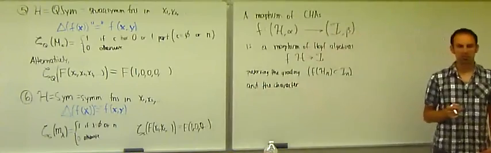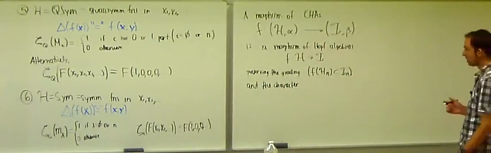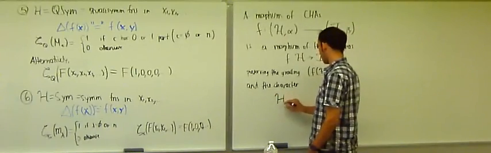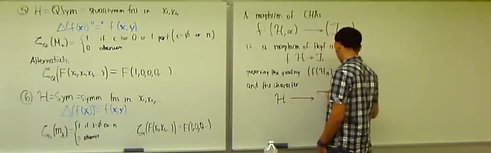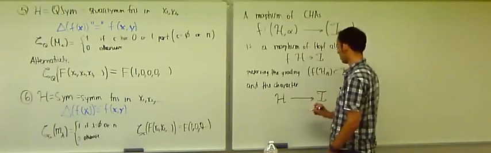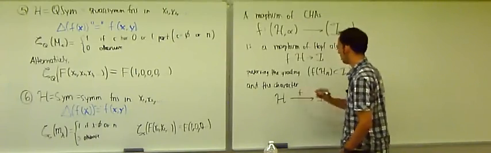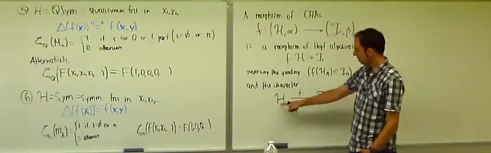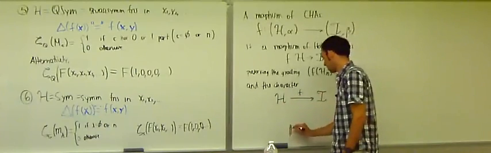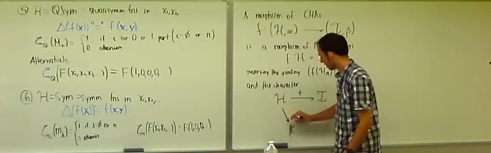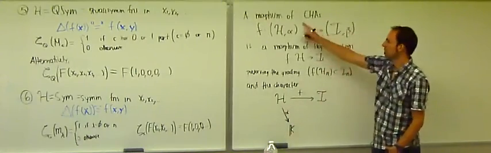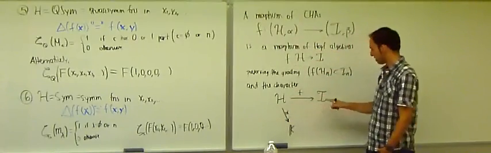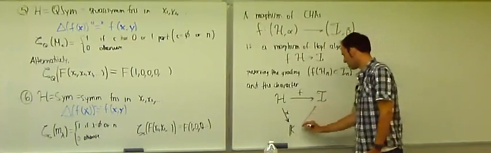What should it mean that f preserves the character? Well, it means this. We have this map f from H to I, and we have a map from H to my ground field, which is called alpha. My first combinatorial Hopf algebra consists of H and this morphism. My second one consists of I and this morphism.